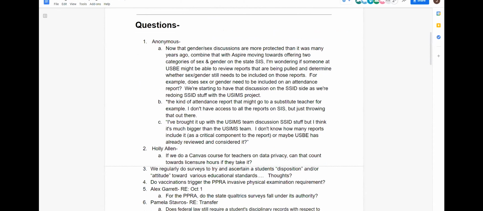Again, PPRA gets at those kind of psychological examinations, evaluations, surveys, when you are asking them of a student. And correct me if I'm wrong, I don't think these are triggering PPRA, Utah FERPA in that regard, because you're not populating those fields by surveying students, is my guess.